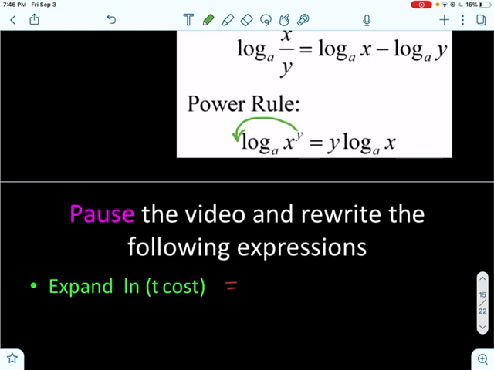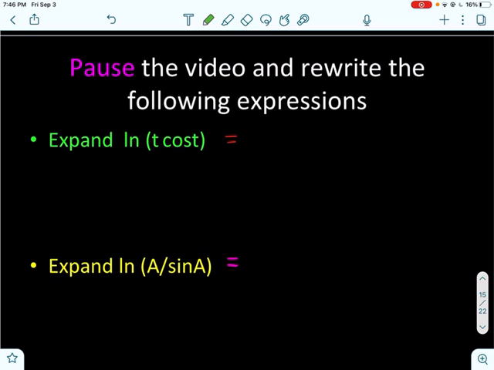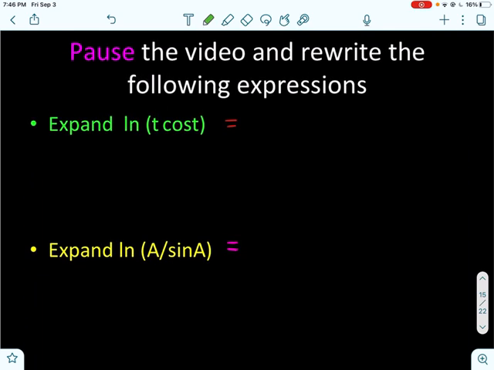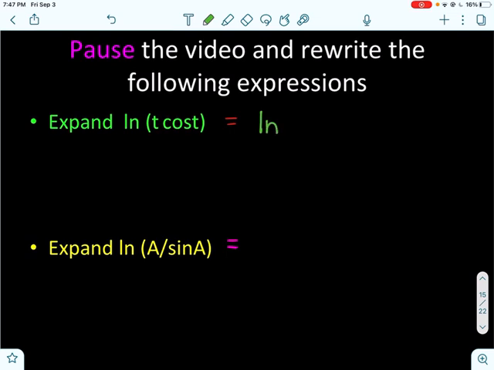So pause your video and then rewrite the following expressions using your logarithm rules. Now I'm using ln because I think you're a little less accustomed to it. Okay, so after you paused your video, you should have ln of t plus ln of cosine t.